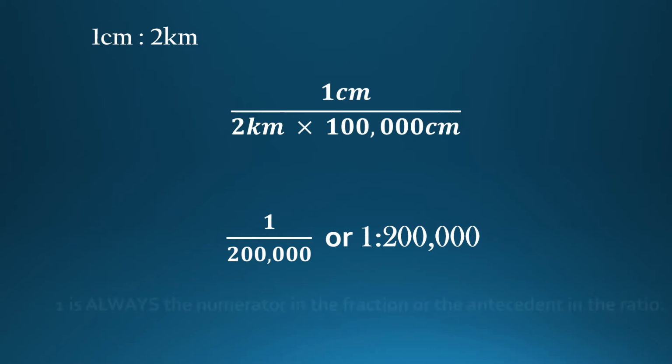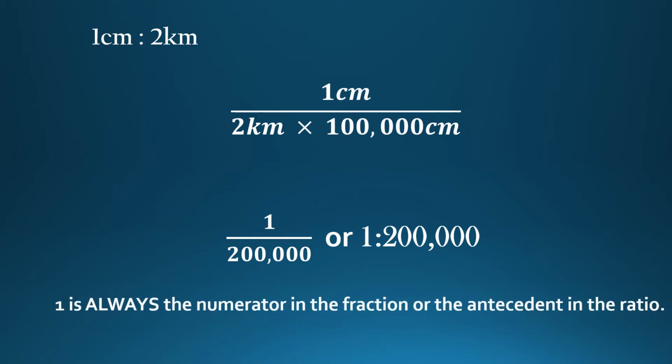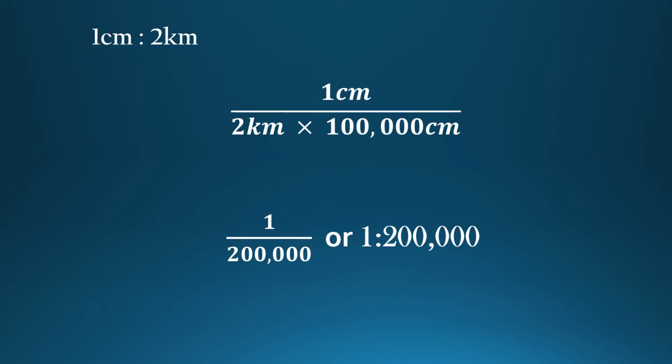Let's try it another way. Oh, before we move on, we must always use 1 as the numerator in the fraction, or we always use the 1 as the antecedent in the ratio. No other number. All right? So, let us try another one.